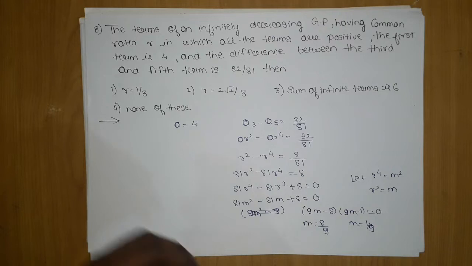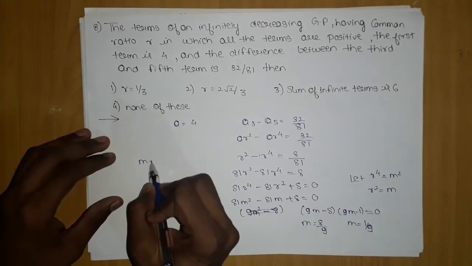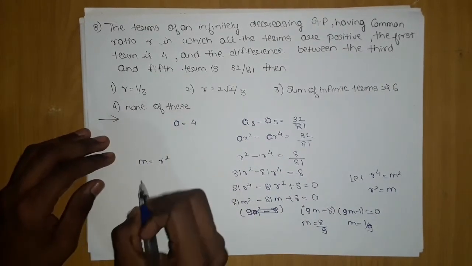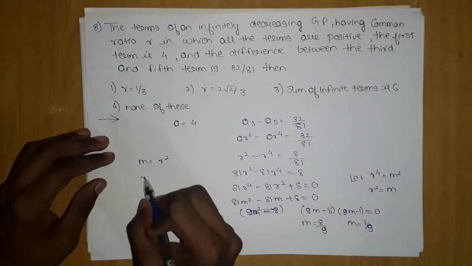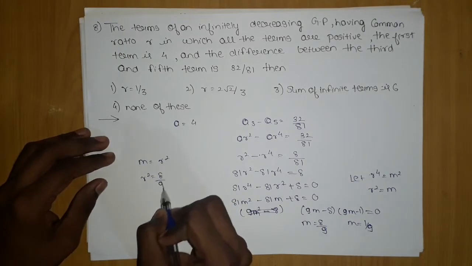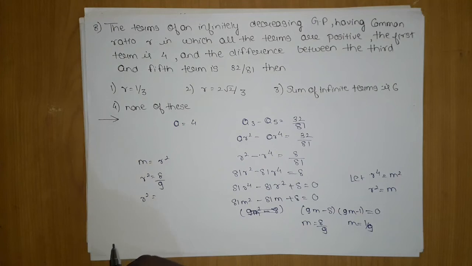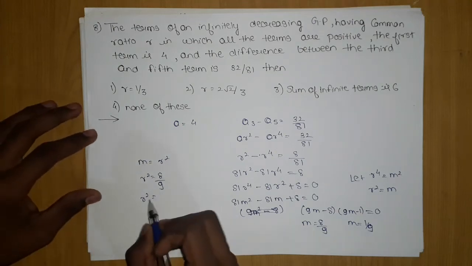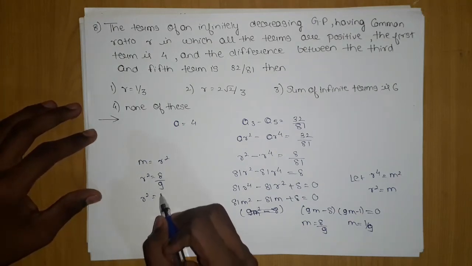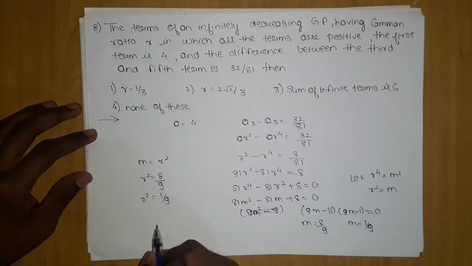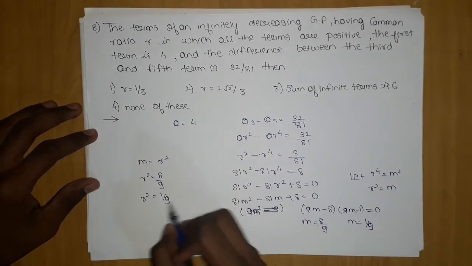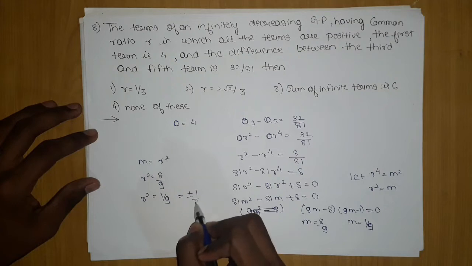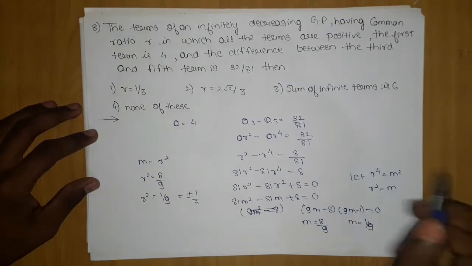But if you remember properly, m was equal to r square. So r square is equal to 8/9 and r square is equal to 1/9. Then what is the value of r? Here you will get plus 1/3 and minus 1/3, but remember they are telling that all the terms are positive.